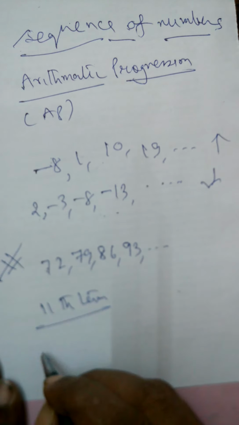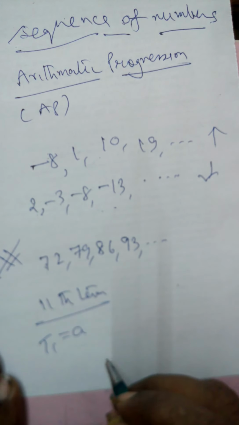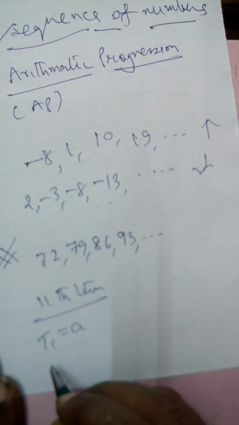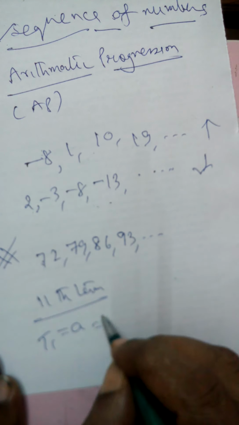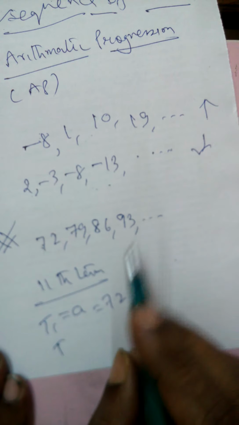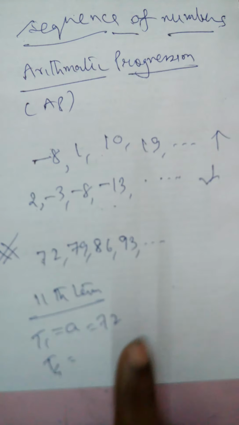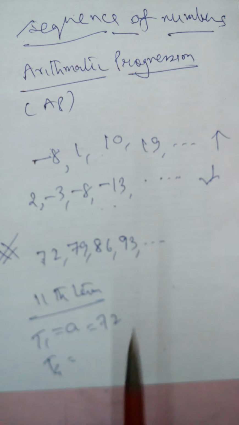We can say T1 means the first term, also denoted by A. A means the first term, which is 72. Now to reach the fourth term, T4, what I find is 3 gaps. Why?